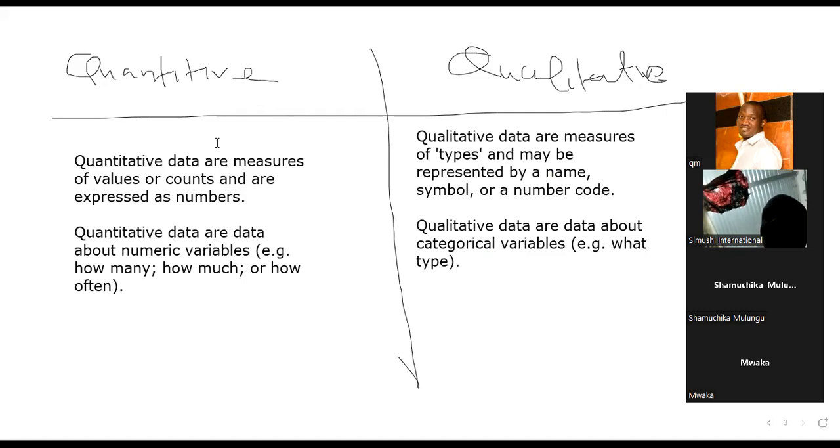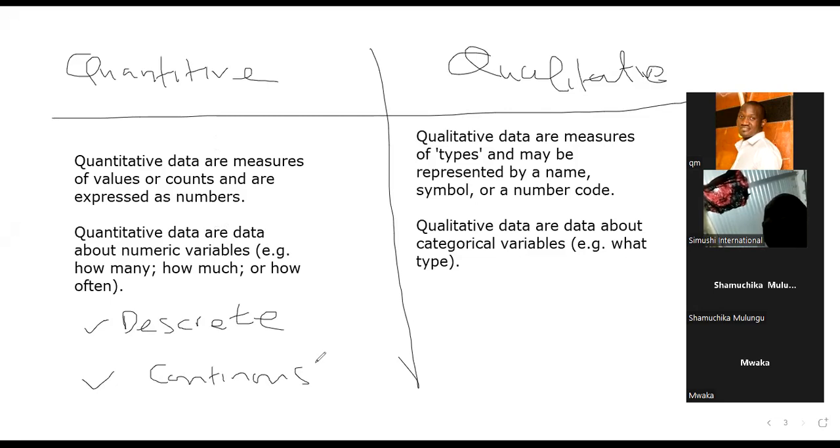Under quantitative, we are going to discuss discrete and continuous data. Discrete, we're looking at the numbers, for instance, how many you are in a family. Yeah, 7. You can't have 7.5.